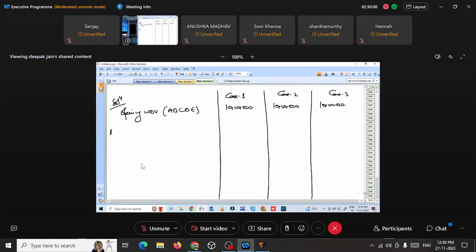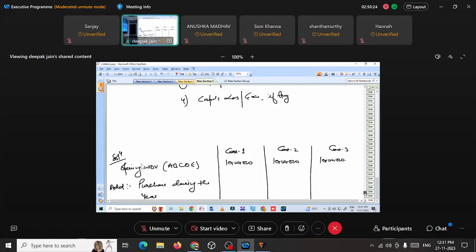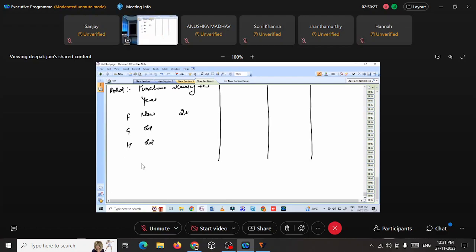Add purchase during the year, F, G, H. F is new, 2 lakh, 1 lakh, 80,000, total 3 lakh 80,000.